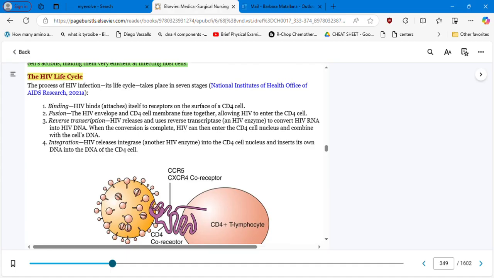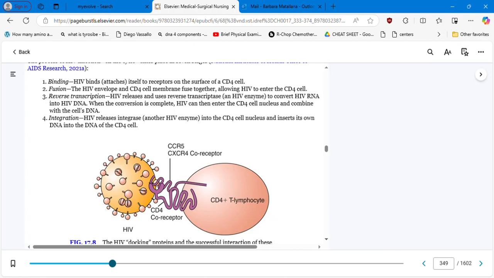The process of HIV infection, its life cycle, takes place in 7 stages. Remember that in the video they mention different types of medications, and those medications are related to these 7 stages. For example, stage 1 is called binding. HIV binds, attaching itself to receptors on the surface of CD4 cells, our T cells, right?